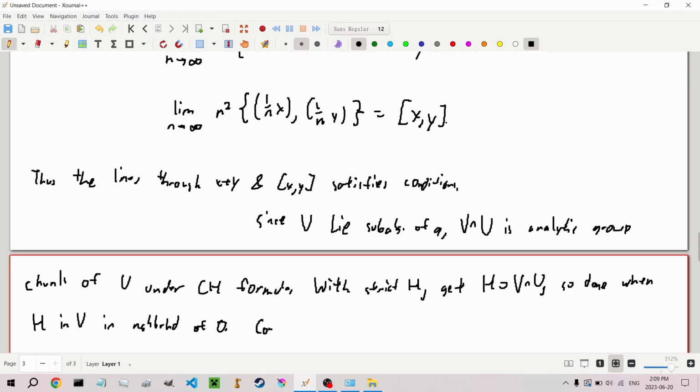On the contrary, suppose we have a sequence x_n such that x_n is in H but not V, and x_n goes to 0 as n goes to infinity, of course.